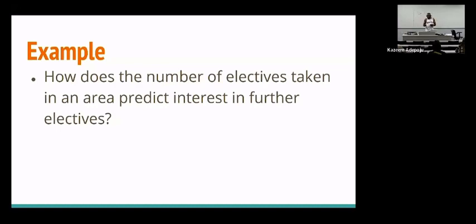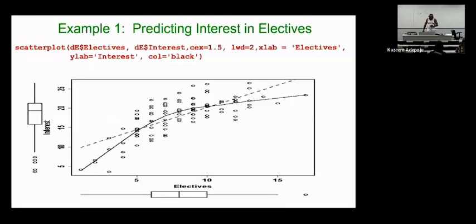You know what? We now want to investigate this and see. Now I need you to take a look at this. If you see what I'm displaying, this is scatter plot, interest versus electives. Interest here is the response variable, okay?